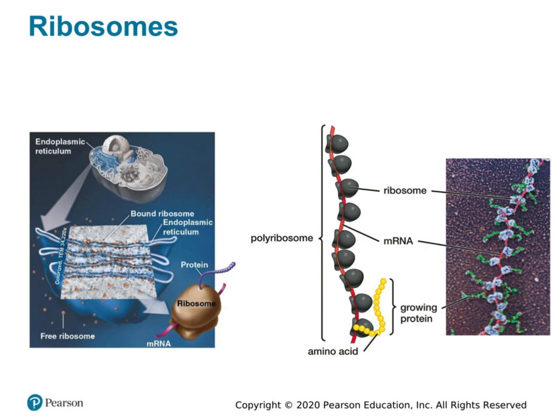Ribosomes are those double subunits made up of protein and ribosomal RNA, and they read messenger RNA to make a protein. In order to make a protein very quickly and modify it and just have an abundance of what we need in a cell for function purposes, some of the ribosomes exist as a polyribosome. We have many ribosomes together, helping to constantly translate the mRNA into a protein, so we have an abundance of it.